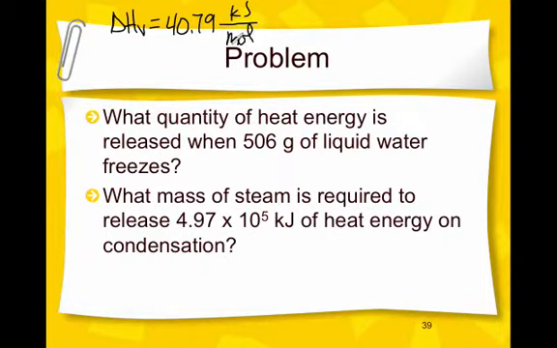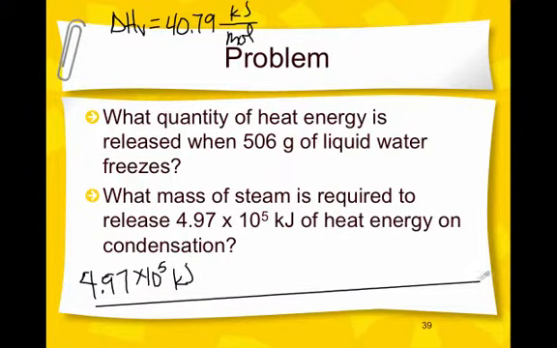Vaporization. So this time we want to start with the energy that we have, which is 4.97 times 10 to the 5th kilojoules of energy, and we have to figure out mass.